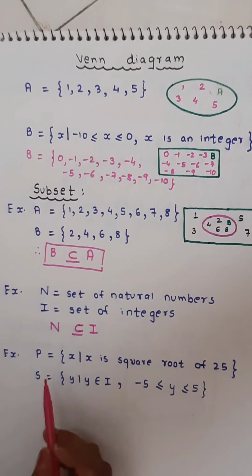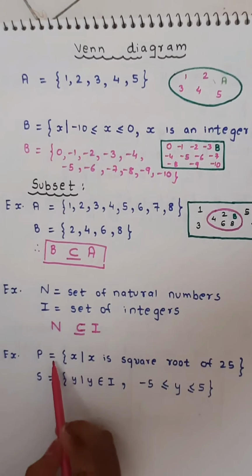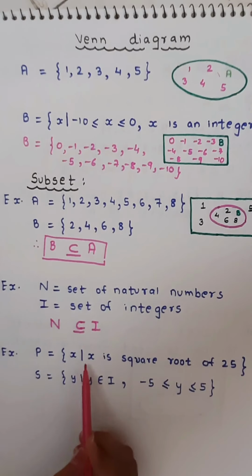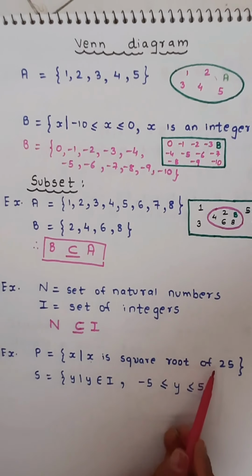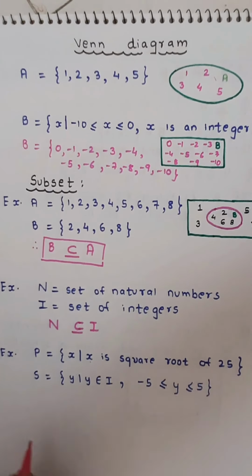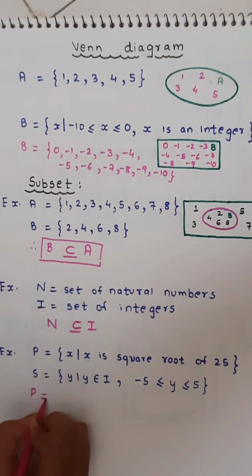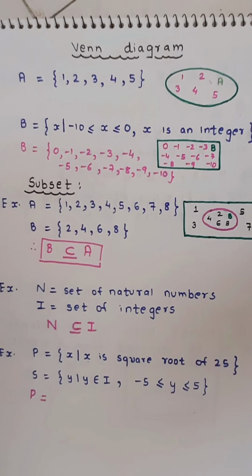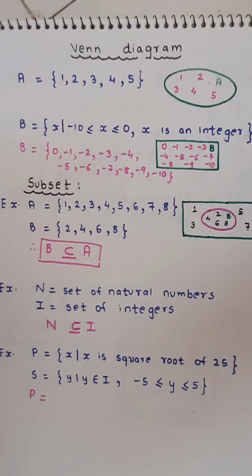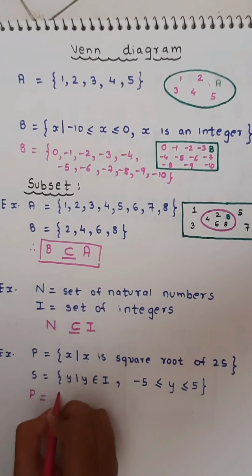Next given example is P, a set of all x such that x is a square root of 25. Square root of 25, first let's write it. So which is the square root of 25? Now if I write, P will be the square roots of 25.